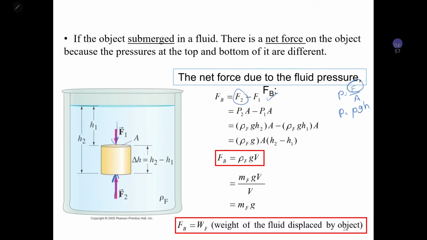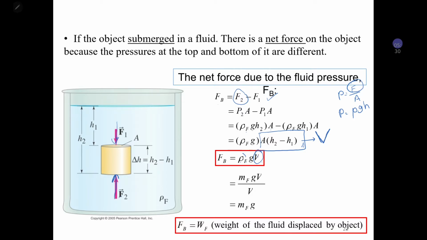Okay, so masukkan, F adalah rho g h2 A minus rho g h1 A. Okay, so jadikan rho g sebagai perumus, dia akan dapat equation macam ni. So kalau perasan A times (h2 minus h1) dia boleh jadi sama dengan volume. Okay, so buoyant force adalah sama dengan rho fluid times g times V. V ni adalah V of object.